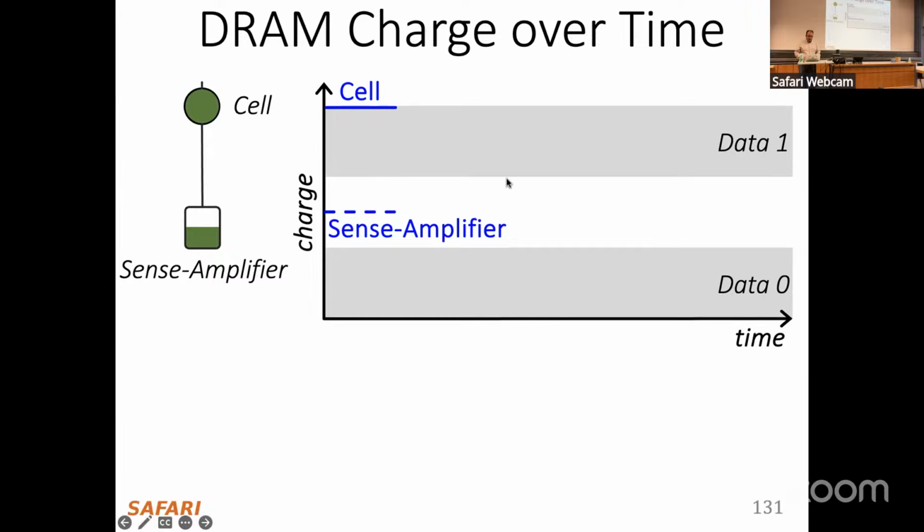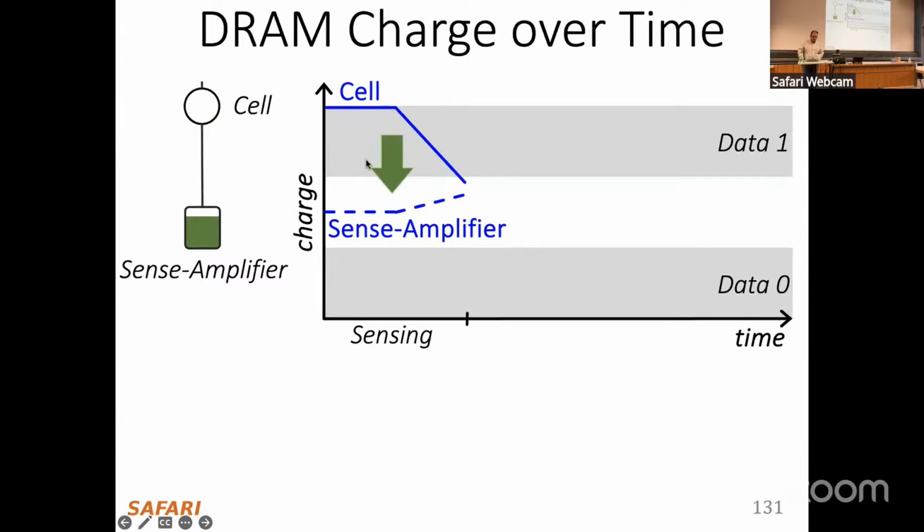You can consider you have a high voltage, which you encode as 1, and a low voltage, which you encode as 0. You always need to consider some margin because of noise. These are noise margins. The bitline is pre-charged to half VDD.